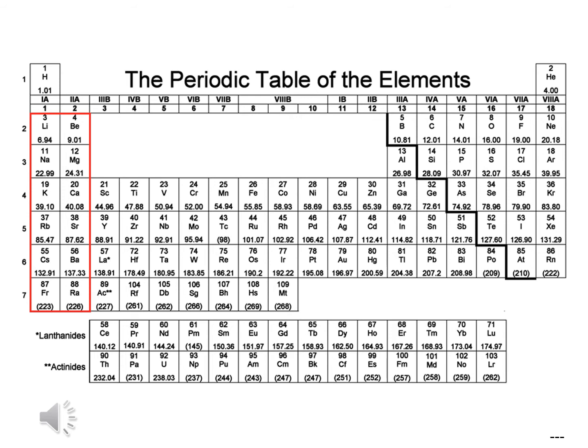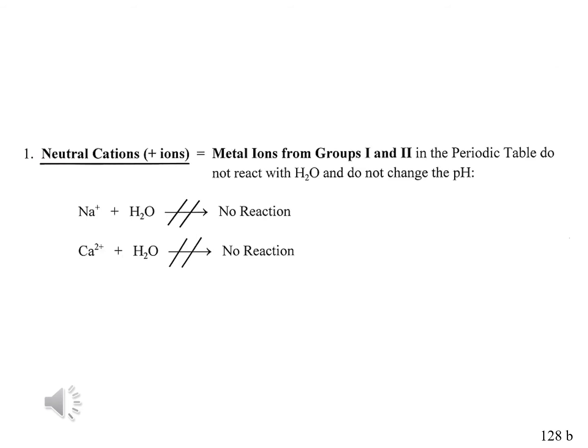Sodium and potassium and magnesium and calcium. None of those four ions change the pH of a solution that they're in. You can show that by just saying no reaction if you put them in water, or putting a double line through the arrow. It just means that they get surrounded by water, but they don't do anything, so they retain neutral pH. And these are some of the examples from the table.